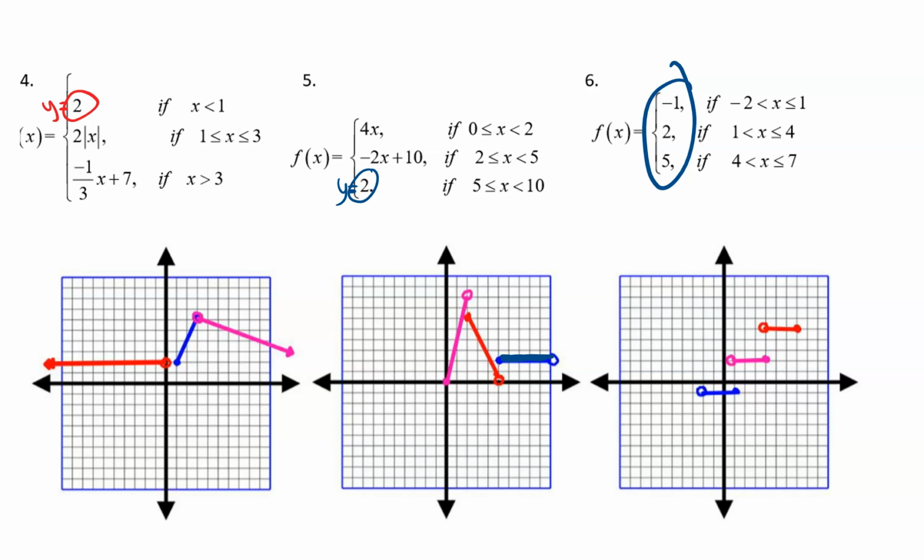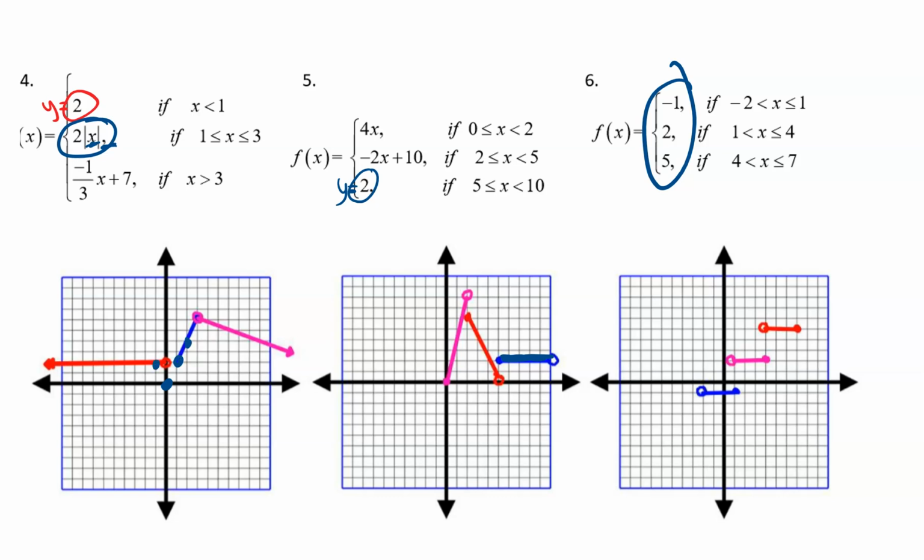Back to number 4. This one is the one in the middle that goes from 1 to 3. It's technically an absolute value, so it should be a V shape, but it's a V with a vertex of 0, 0, because there's no number being added in the middle and no number on the end. The h and k are both 0. So the vertex is 0, 0, and the slope is up 2 over 1, up 2 over 1, up 2 over 1.